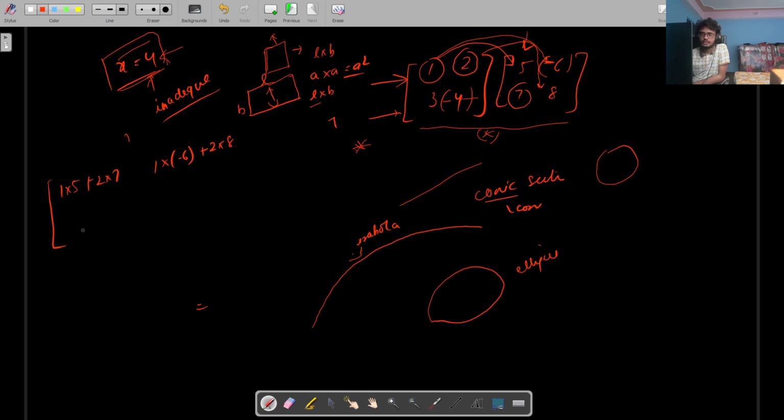Then we have 3 into 5 plus minus 4 into 7. Then we have 3 into minus 6 plus minus 4 into 8. So the plus sign remains plus only, but the numbers can be negative.